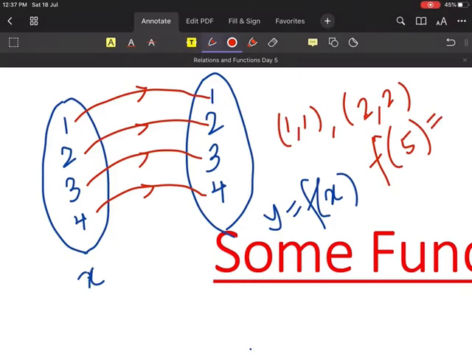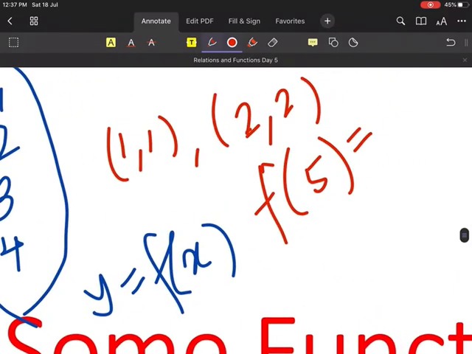Understood? Yes. So now who can tell me what is f(5) equal to? f(5) is equal to what? f(5) equal to? I will see the same thing. f(5) is equal to 5.